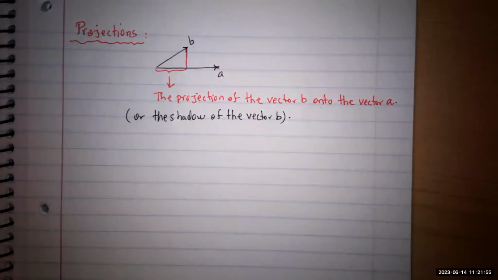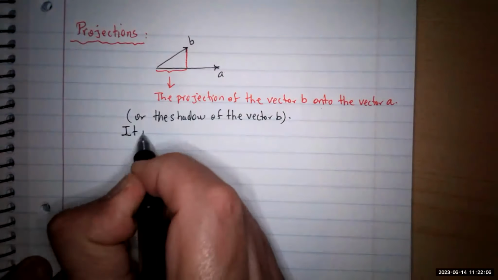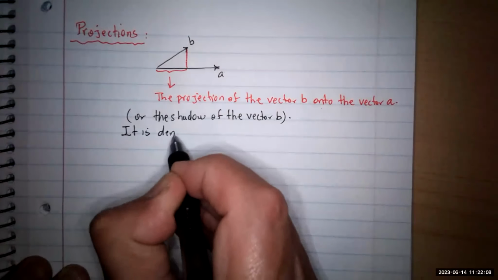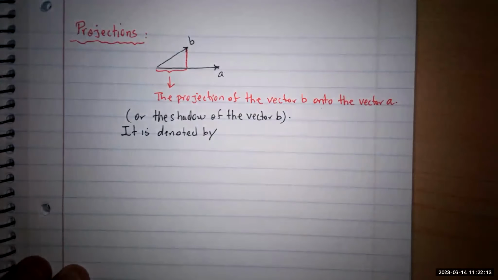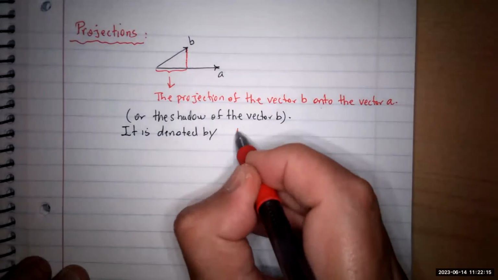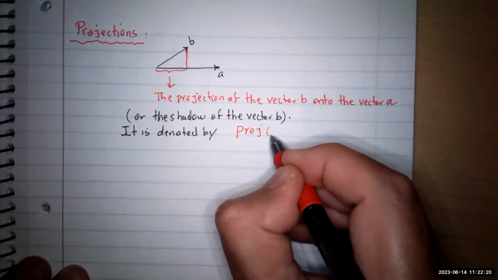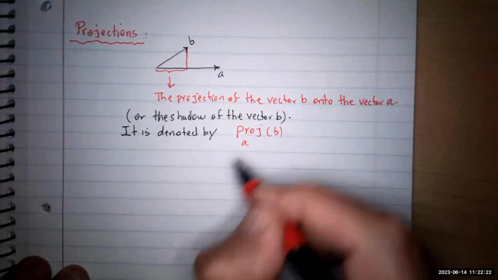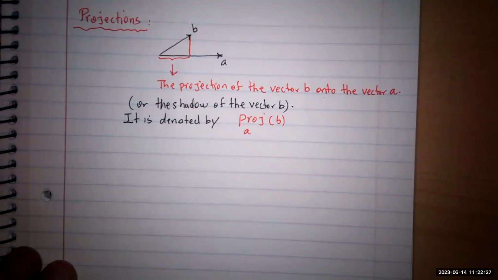So we get B projected over here, you get the vertical line here, and the result. We have a special notation for it. It is denoted by, that's a standard notation that we're going to use, proj: projection of B onto A. Okay, so this is the way we're going to denote it.